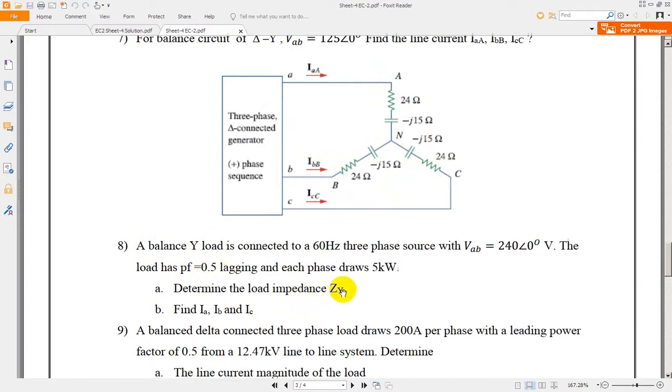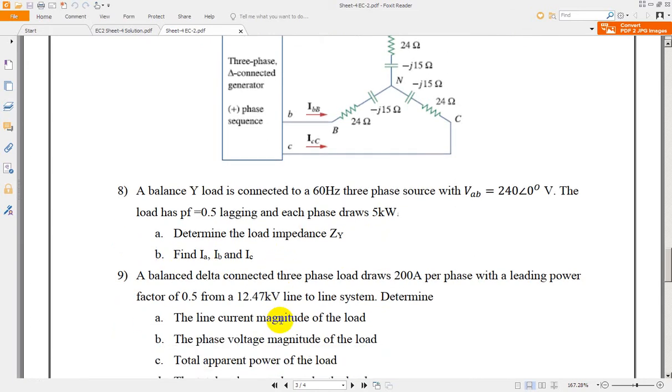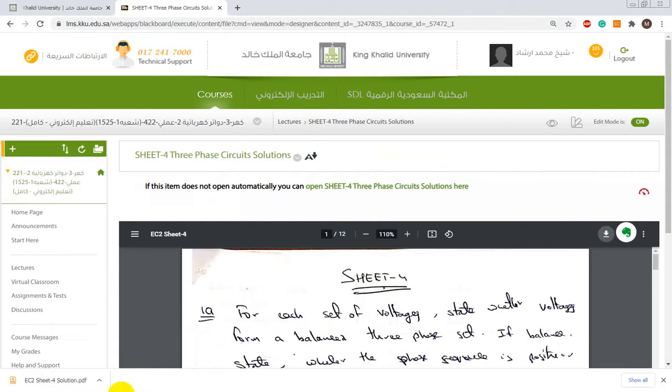Determine the load impedance ZY, IA, IB and IC. This is just an example, but it will be in the same form. We need to calculate the load impedance Z and also the line currents IA, IB and IC.